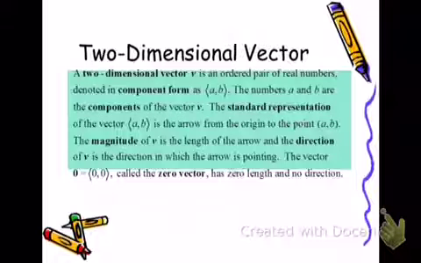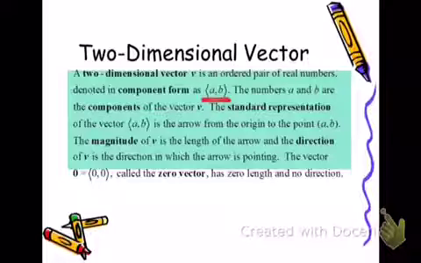This is just some words that represent what we just did. A two-dimensional vector, v, and the reason we're talking about two-dimensional vectors is because there is such a thing as three-dimensional vectors. It's an ordered pair of real numbers denoted in component form. This is called component form of a vector. Anytime you see these angle brackets, I don't know what else to call them, the numbers a and b are the components of the vector.